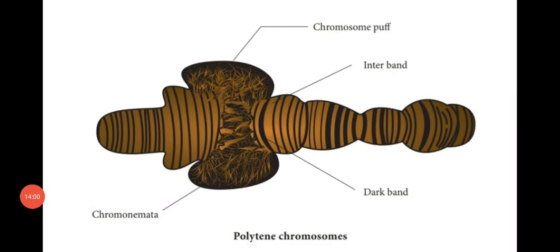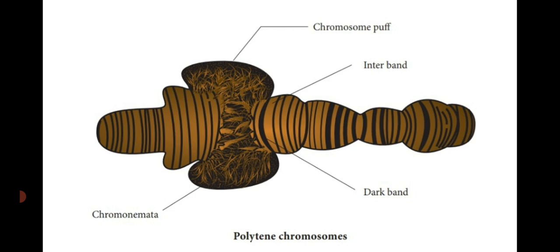Dear students, see the diagram. This is the polytene chromosome which is present in the salivary glands of Drosophila fruit fly, and some other flies and insects also have this kind of polytene chromosome. It is a single chromosome which is multiplied many times, and those newly formed chromosomes are arranged side by side, forming a large size.